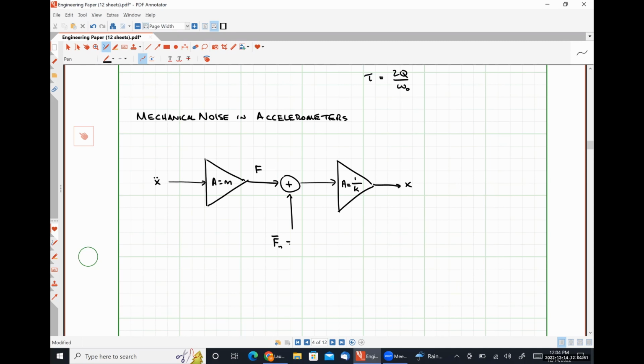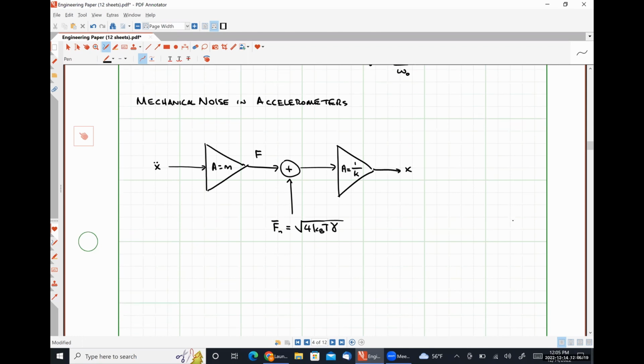So we will have Fn is equal to the root of 4 kBT times gamma. Okay. So we can see that our mass converts acceleration into a force that is then converted into a displacement. Our damping effectively adds some small amount of noise force to our system.